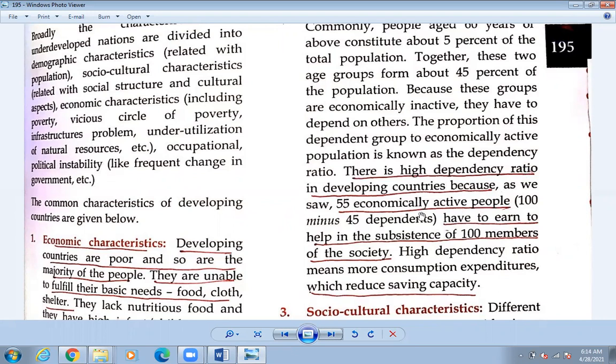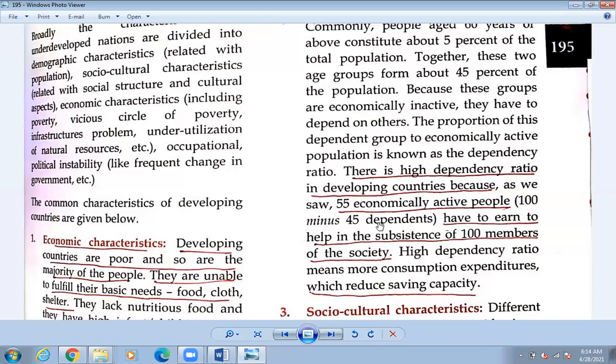And in Nepal, 55% are economically active people. That means out of a 3 crore population, 55% are active population and 45% are dependent population. That means dependent on others.